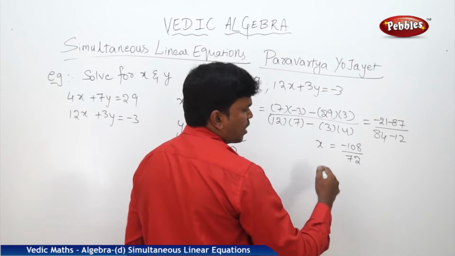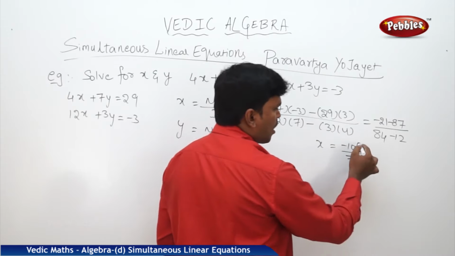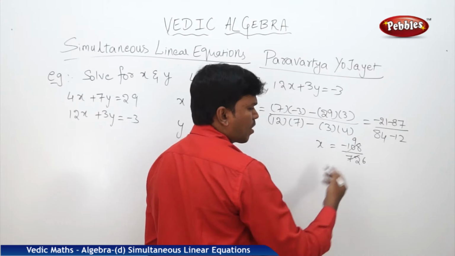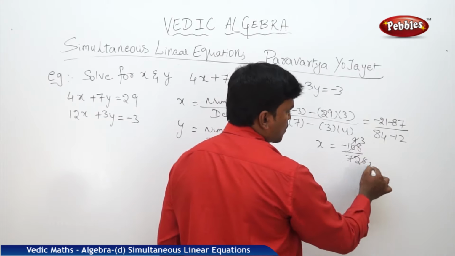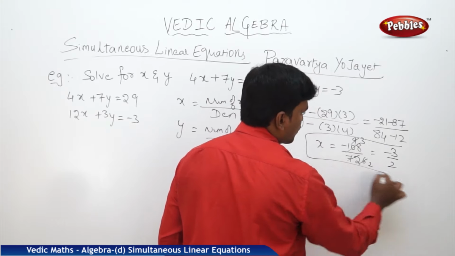Observe whether it will go into some table or not. Yes, it will: 12 times 9 and 12 times 6, or 36 3s and 36 2s. So the x value is minus 3 by 2.